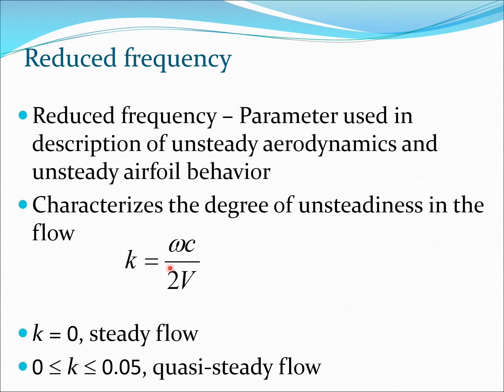Now if we look at the presence of no frequency here, that means if this is 0, then you are going to get k is 0, and that is going to be the pure steady flow. But also in case the value of k is very small, for example it's between 0 and 0.05, it's typically known as quasi-steady flow.